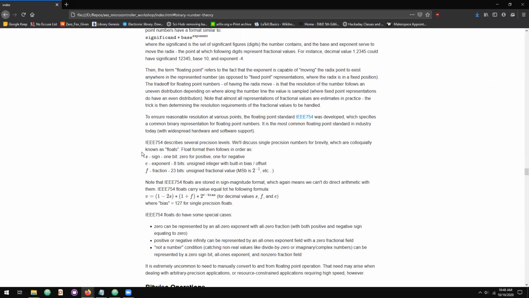So the reason that IEEE 754 floats exist is because the distribution of values that you get as representable works with the use cases that we'd commonly be seeing with applications that want to use floating point numbers.